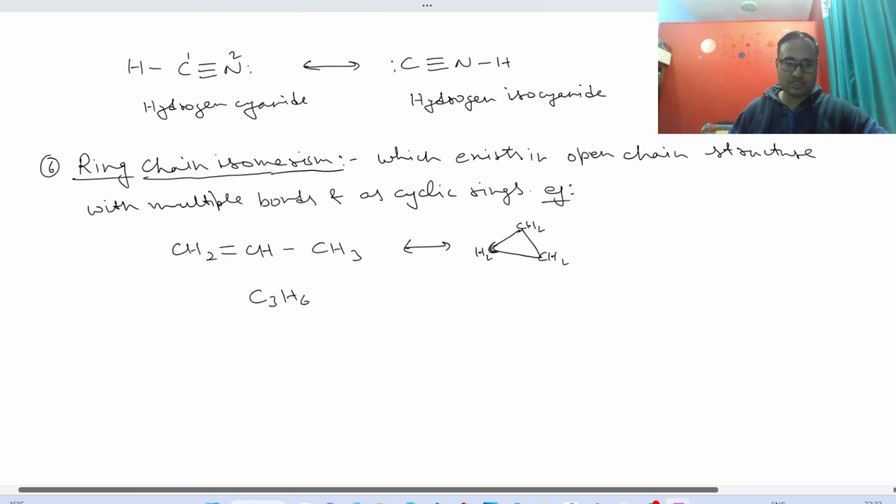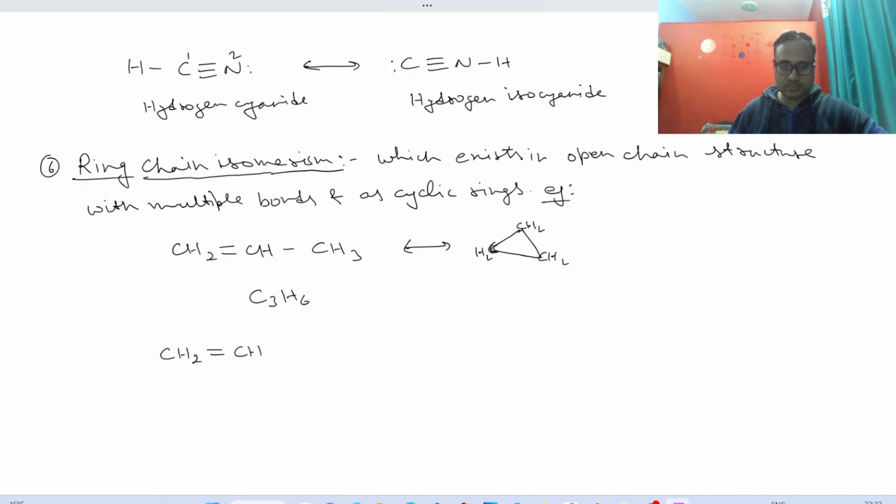Let me take one more example. If I have CH2 double bond CH2 CH3, then this could be represented as cyclobutane.